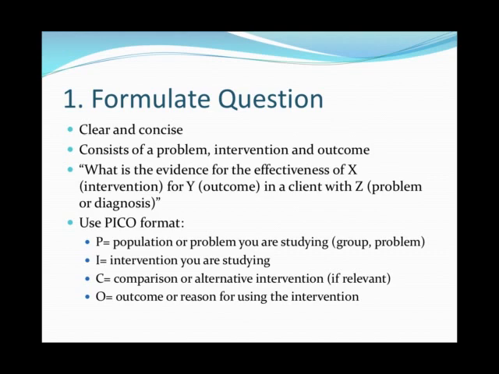The last thing is outcome or reason for using the intervention. That's what we talked about here. Maybe it's increase life expectancy, decrease the death rate, decrease heart attacks, decrease strokes, or decrease cancer recurrence, something about the outcome that you're studying.